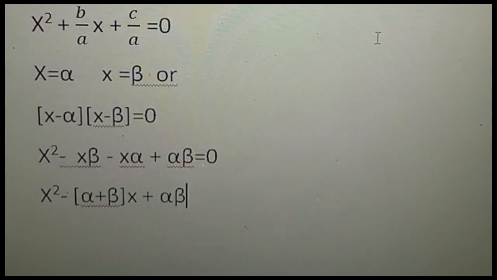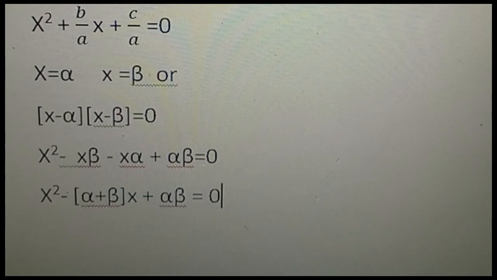If you expand the bracket, x multiplied by alpha gives x alpha, and x multiplied by beta gives x beta.